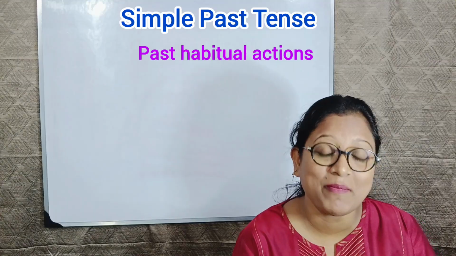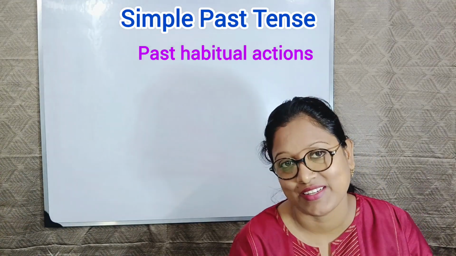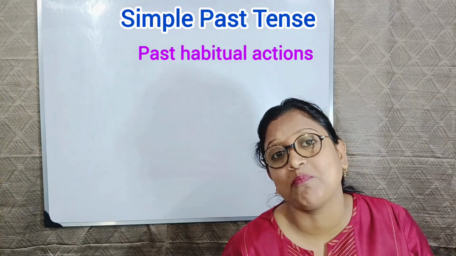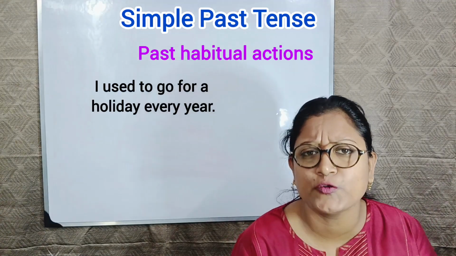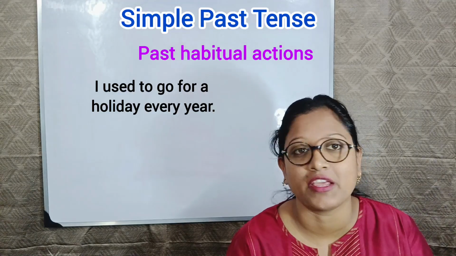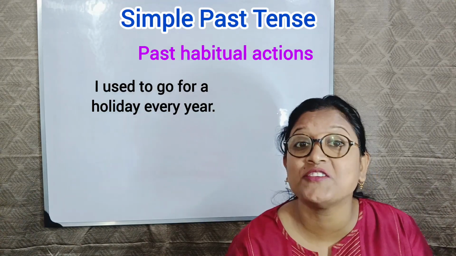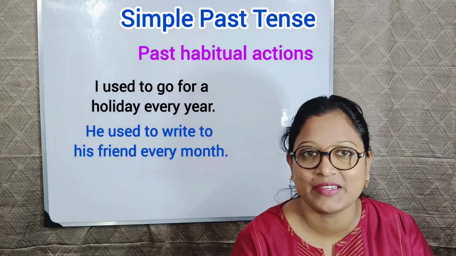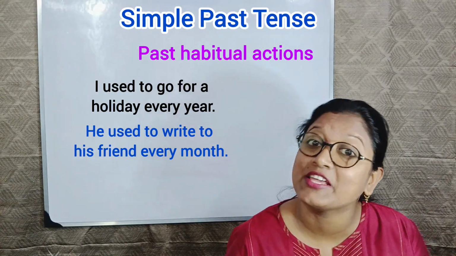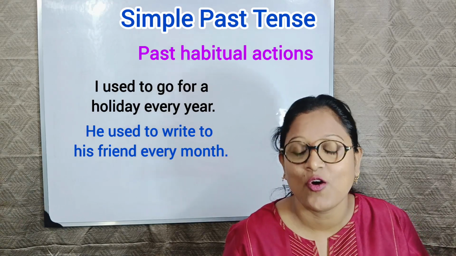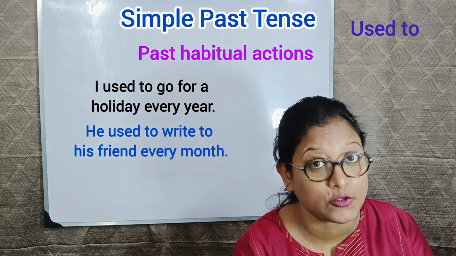We will use simple past tense to express past habitual actions, like I used to go for a holiday every year. He used to write to his friend every month. So these are all actions that used to happen in past. These are all habitual actions and generally we use used to.